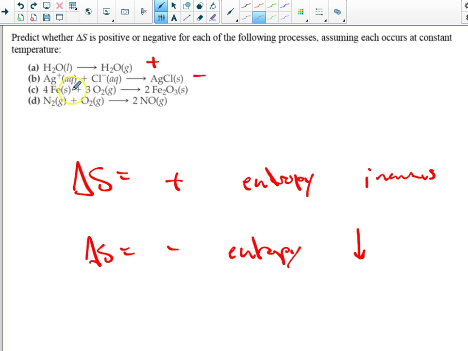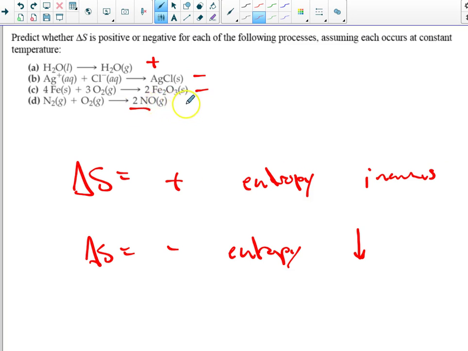All right? When we take a solid and a gas and convert it to just a solid, is that entropy increasing or decreasing? Decreasing. So that would be a negative value. All right, and then we have a mole of gas going to 2 moles of gas. This one's really a very small difference, but we end up with only like 1 reactant.